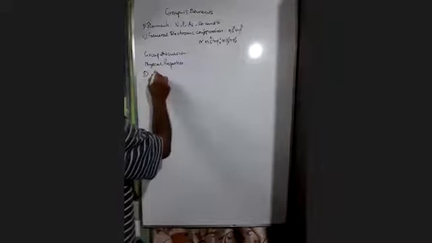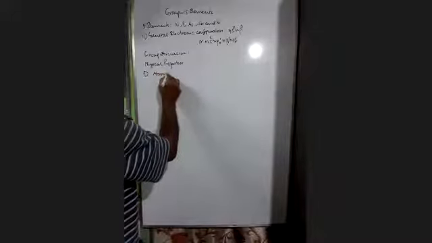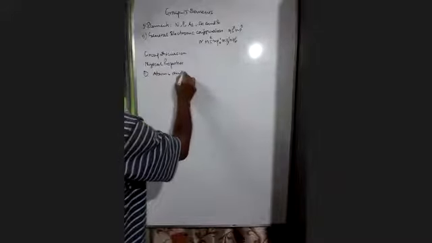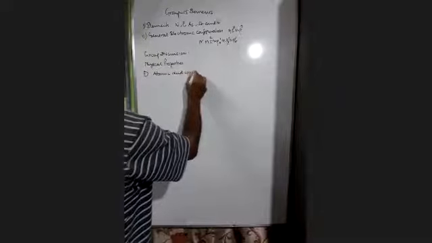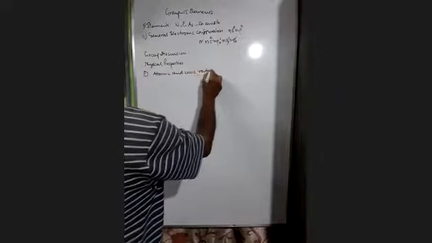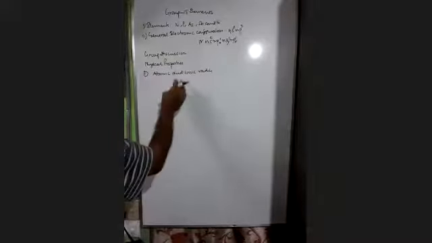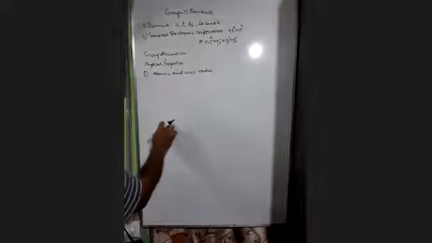First of all, we are going to discuss the atomic and ionic radii. Group 15 elements, nitrogen, phosphorus, arsenic, antimony, bismuth, are in the same column.